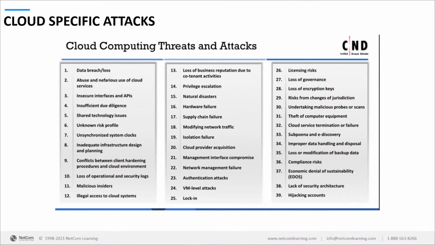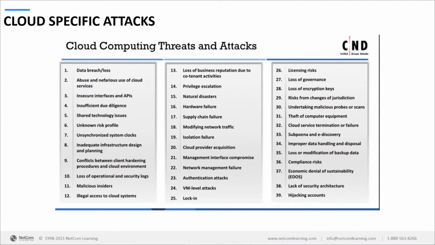And not so much for your laptop, but it could be you've got the encryption keys there, right? Cloud service termination or failure because you didn't pay your bill, maybe subpoena or e-discovery, as I mentioned. Improper data handling and disposal. Anybody dealing with compliance knows that that's one of the big areas you have to deal with.